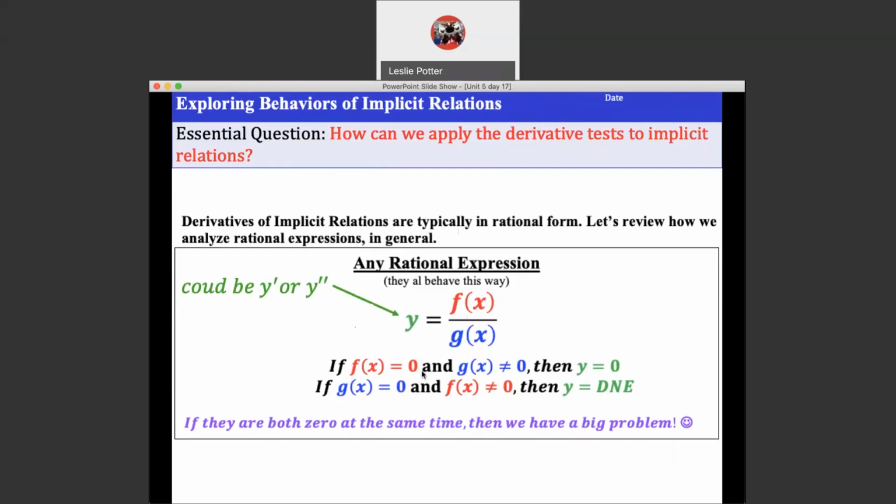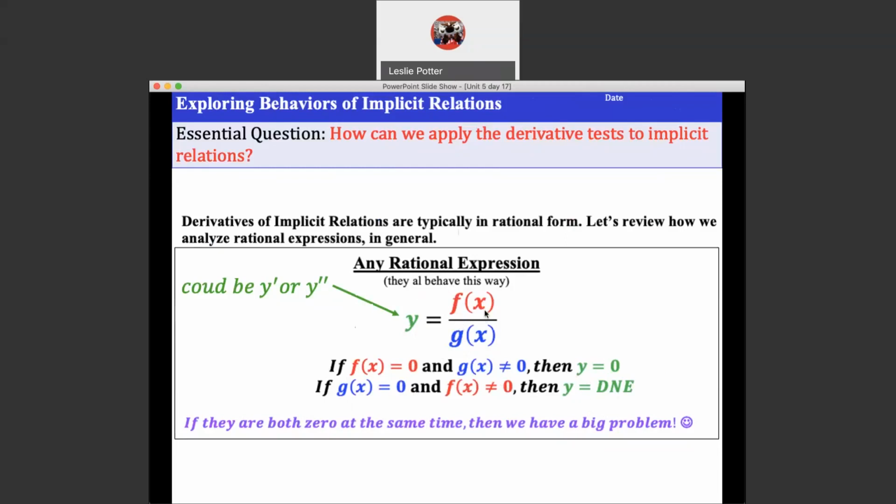And so we know that if the top is 0, that's what this first line is saying here, if f of x is 0 and g of x is not 0, then this whole expression is 0. If g of x is 0, if the denominator is 0, and the numerator is not 0, then we have a rational expression that does not exist.